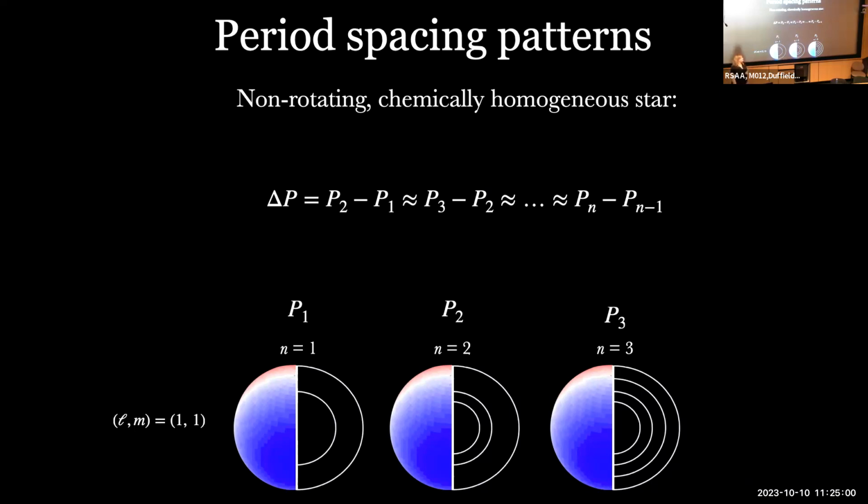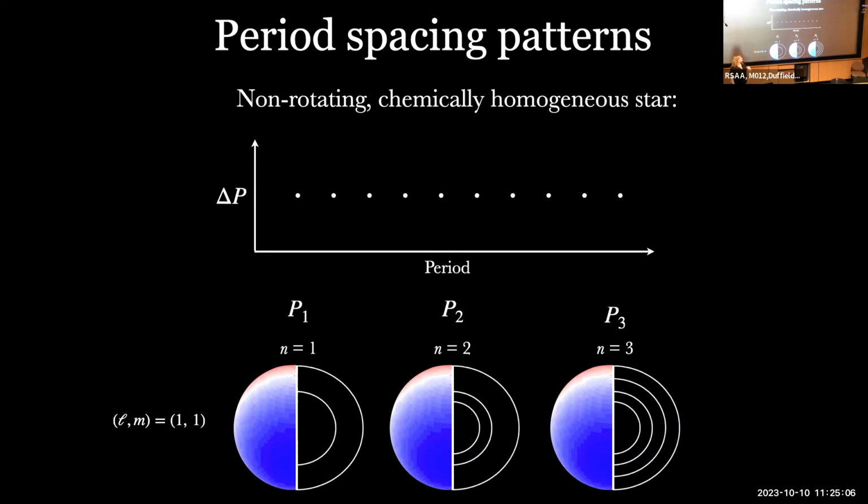And so what we do with these period differences is take them and plot them as a function of period, and we get what we call period spacing patterns. And to make it easier for ourselves to see if there are any deviations from this, we connect all these dots by a line. Okay, so then it's relatively easy to see if there are any deviations.